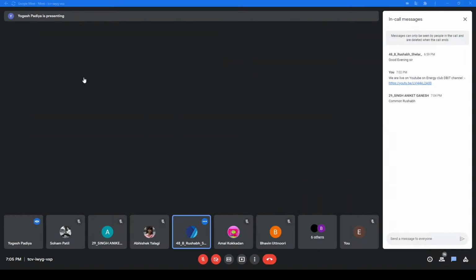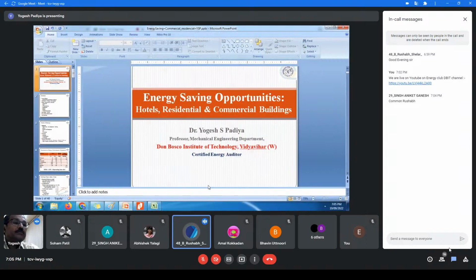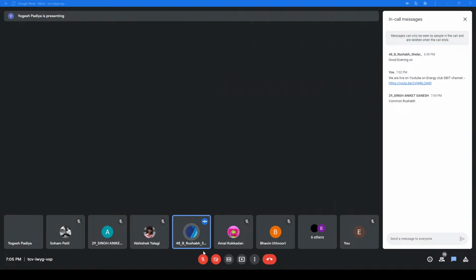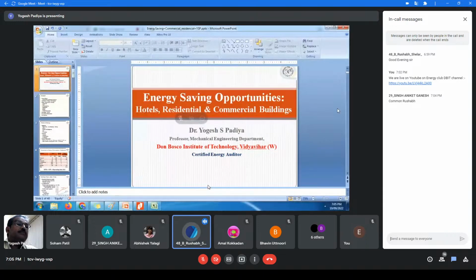He is specialized in desalination, humidification, dehumidification, refrigeration, and energy fields, and has carried out multiple energy audits and energy conservation projects across the nation, like in Viraj Industry, Mukund Steel, Cadbury, and many more. Without any further ado, I would like to hand over the session to our speaker, Yogesh sir.